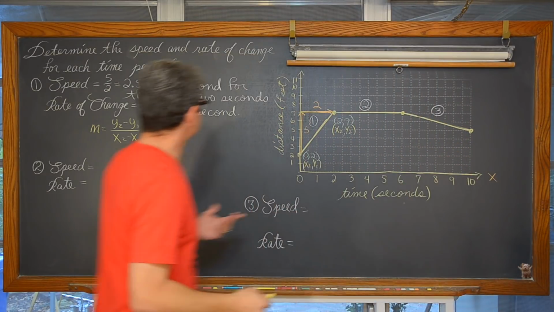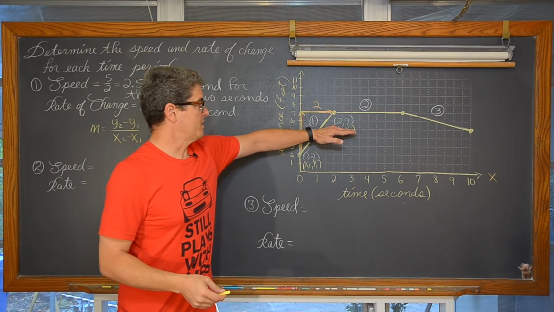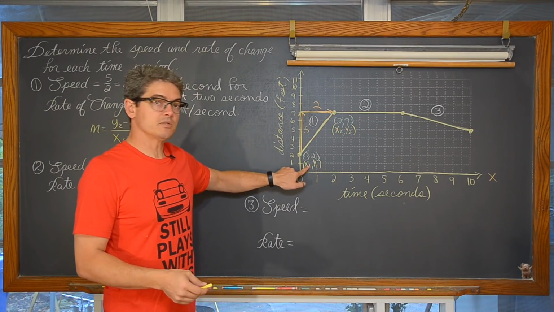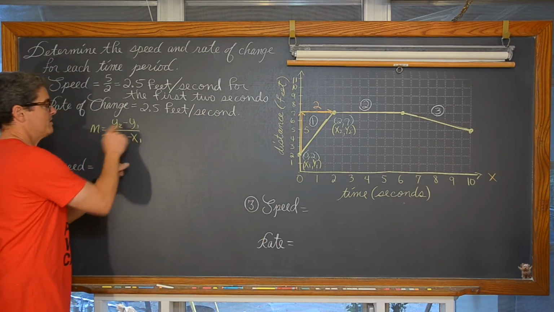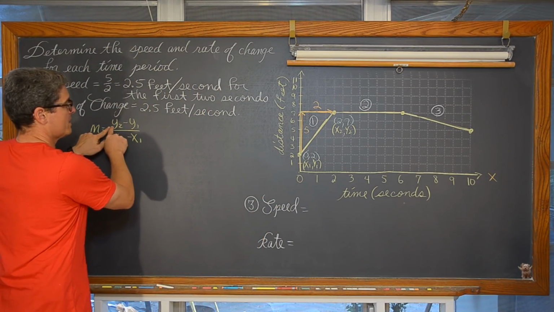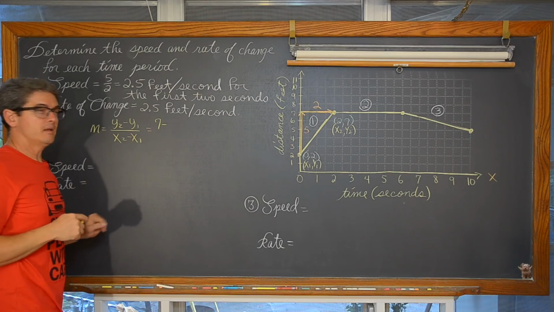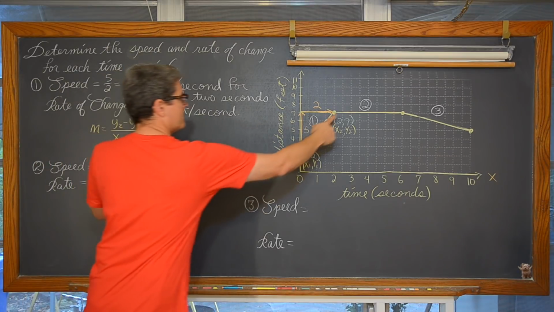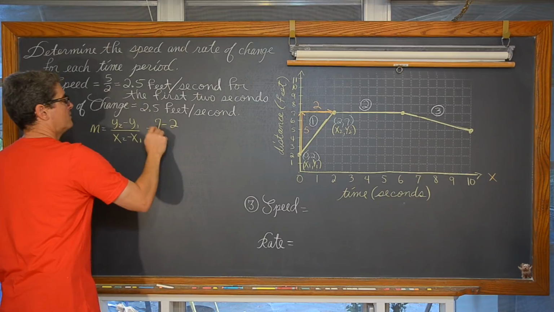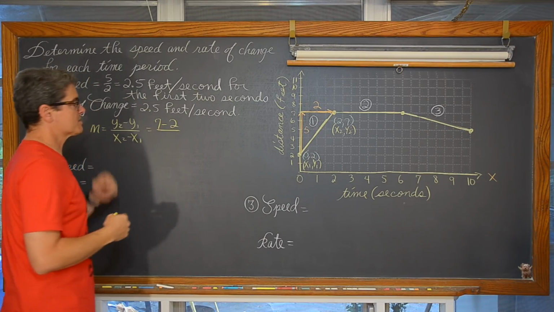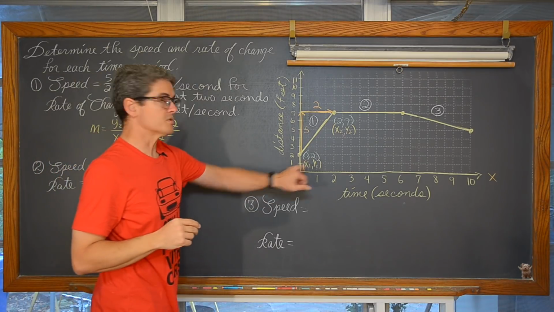Where you put these labels is really not important. What's important is how you do the subtraction. You can take your y sub 2 value, which is 7, and then take your y sub 1 value, which is, well, we started 2 feet away from some object, over x sub 2, which is 2, minus x sub 1, which is 0.